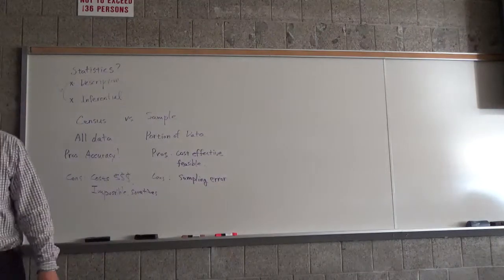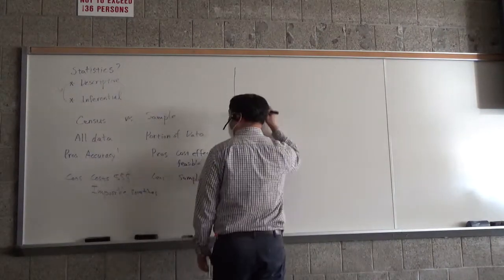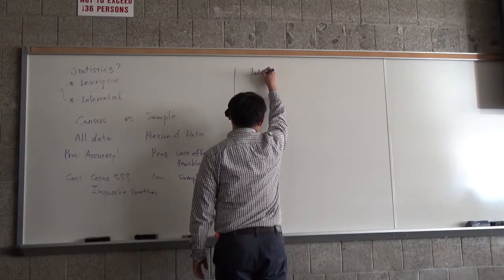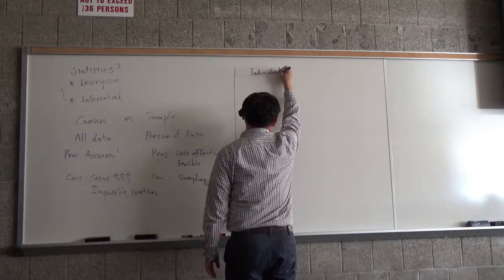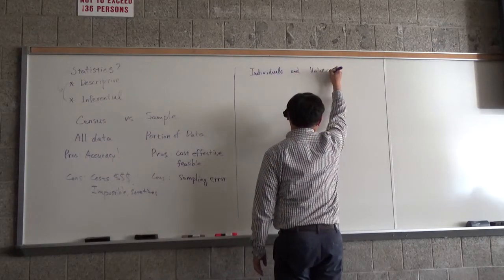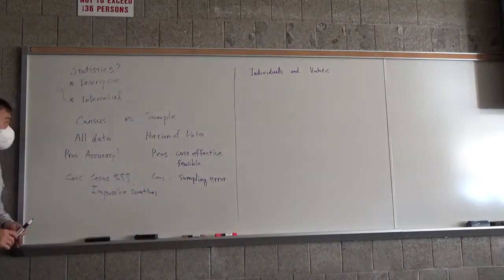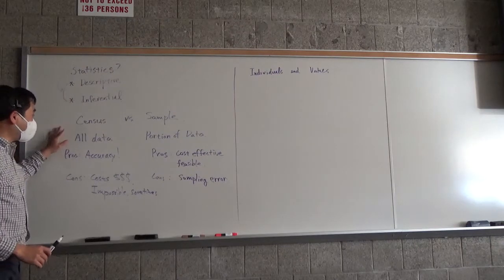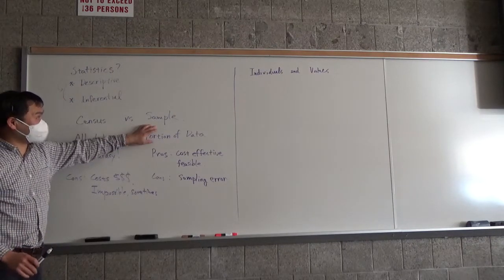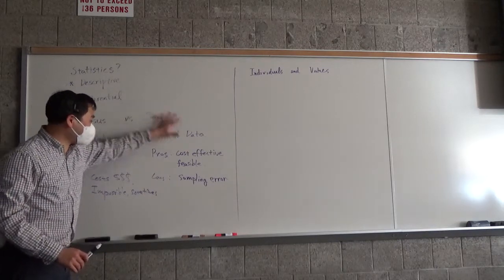So let's talk about individuals and values. Okay, so if you understood that statistics is about getting data, whether it's from a census or a sample, and in many cases, it's this problem because we end up having to work with samples.